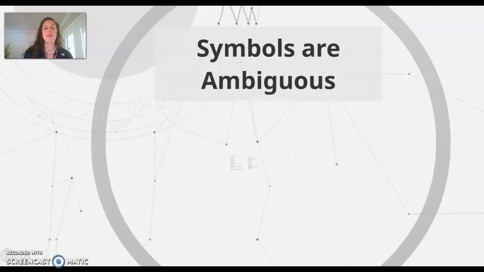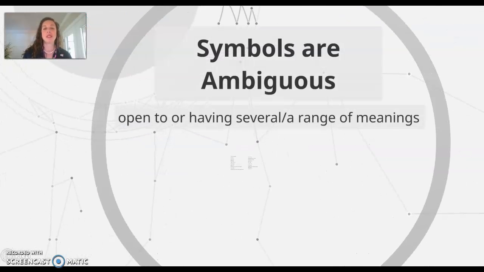So moving on to ambiguous. Symbols are ambiguous. What's that mean? It's open to or having a range of meanings, right? With English especially, context is key. Using a word appropriately is key. Like I know I've been confused numerous times trying to get to the bottom of something, and you have to use communication to clarify communication.